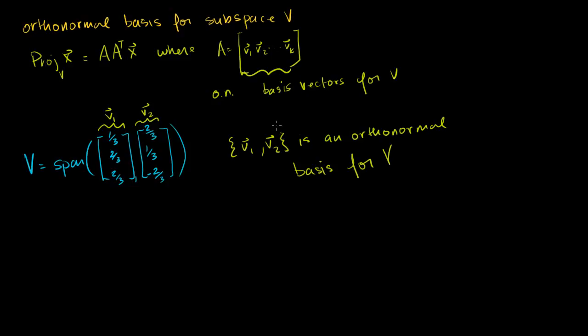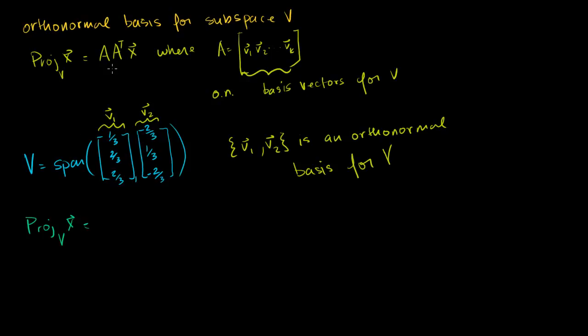Now, we want to use this result to find the transformation matrix for the projection of any vector x in R3 onto our subspace V. The subspace is going to be a plane in R3. So what is it going to be?